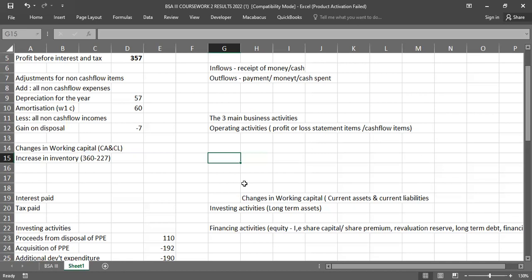Now, to emphasize the cash equivalent part, any asset that can easily be turned into cash or liquid cash in the shortest time possible qualifies to be a cash equivalent. That's why we're saying short-term investments qualify, especially, you've heard of government, what do you call them? The script.